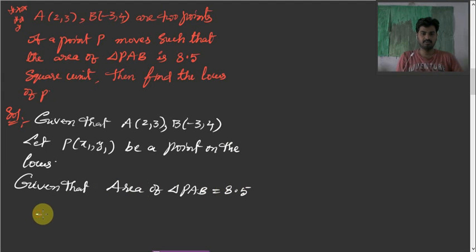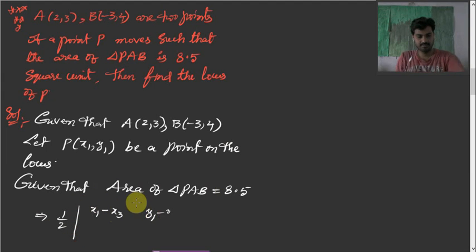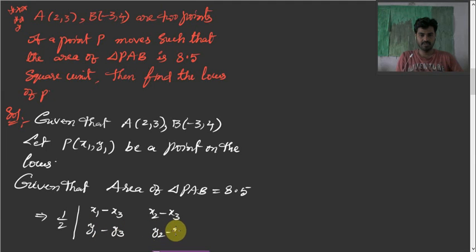So we have a formula: the determinant with rows x1 minus x3, y1 minus y3 and x2 minus x3, y2 minus y3. That is the formula on the left hand side. Now the right hand side will be 8.5.